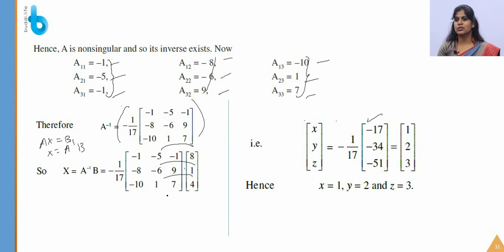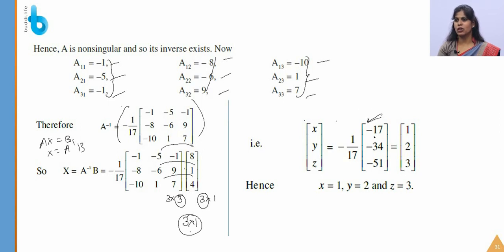This is a matrix of 3 cross 3 and this is a matrix of 3 cross 1. Since the number of columns and the number of rows are the same, you can multiply, and the end product will be a matrix of 3 rows and 1 column. That is a column matrix. That is what we have done here.